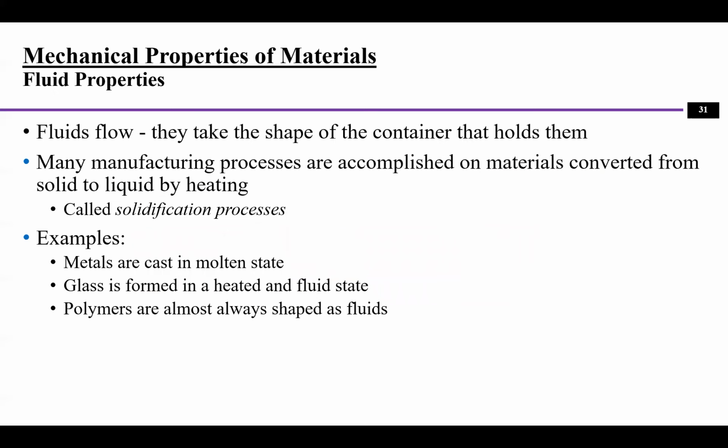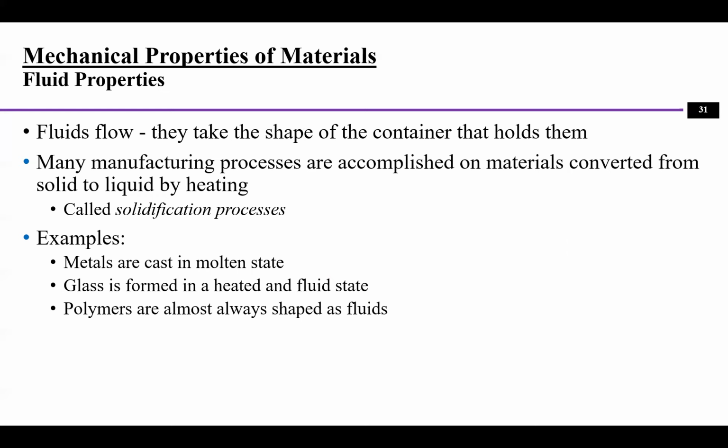Another type of property is fluid property, which means that some materials at room temperature are already in a fluid state, and some materials will change to a fluid state after being melted, right? So dealing with those fluid properties, knowing how to calculate flow and stress strain can help us analyze the process.